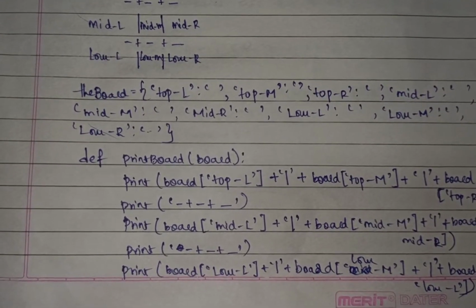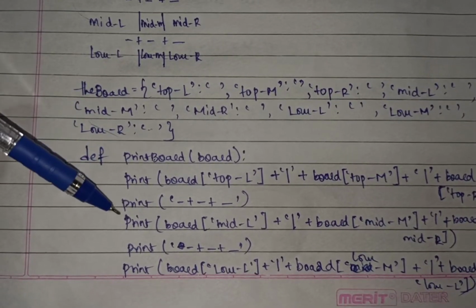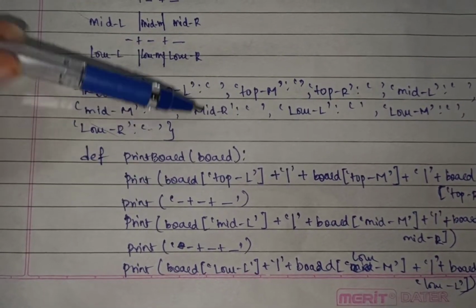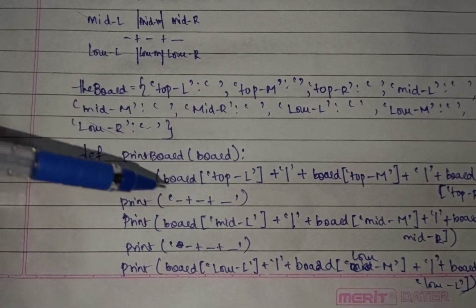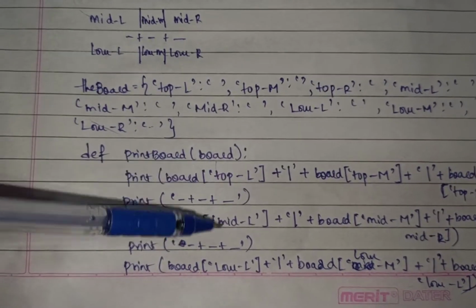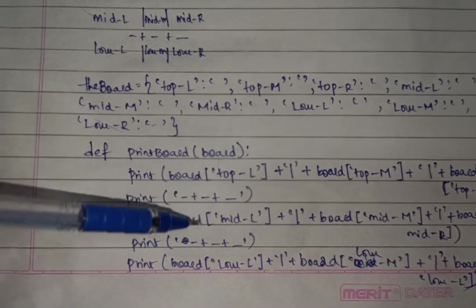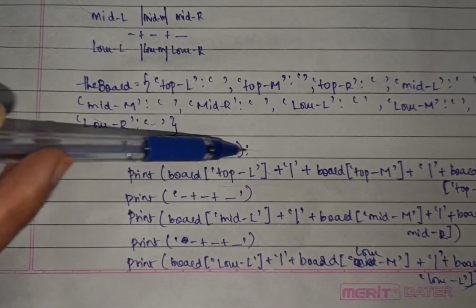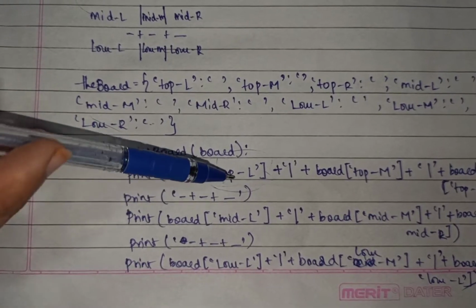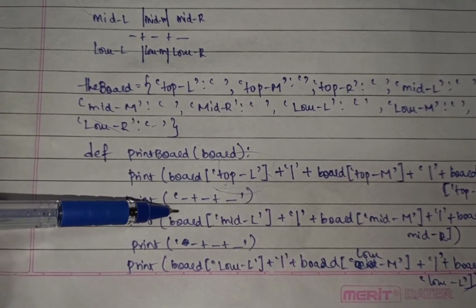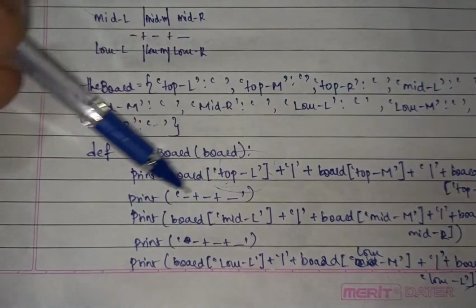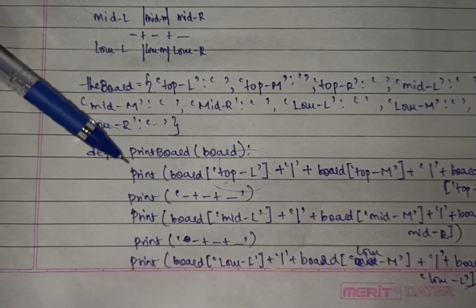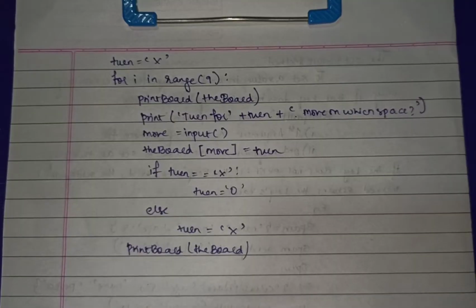Whatever location the user chooses, for example top L, the board's top L will be updated, and the same goes for all the rows in the board.